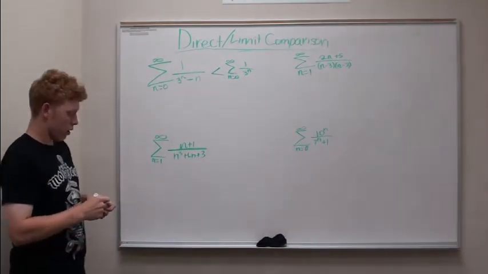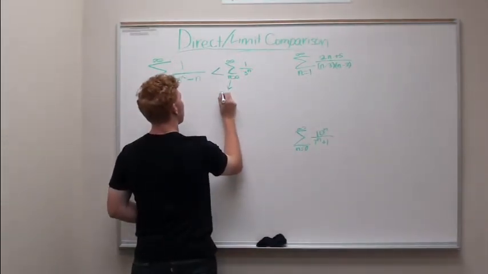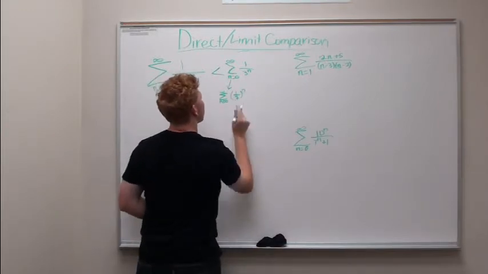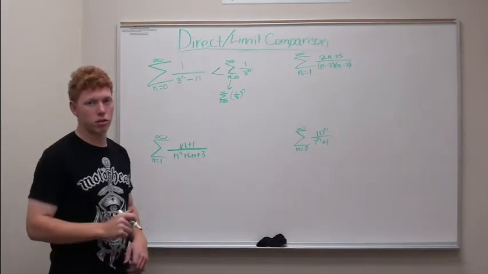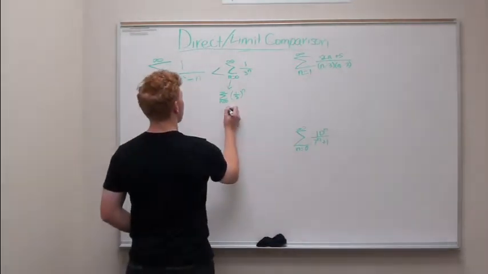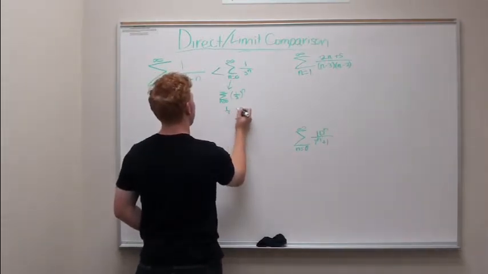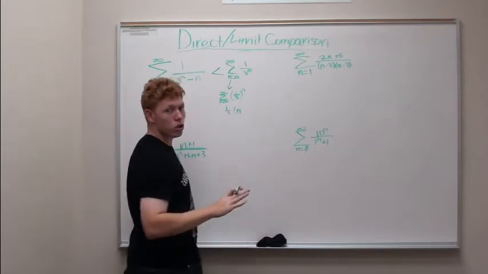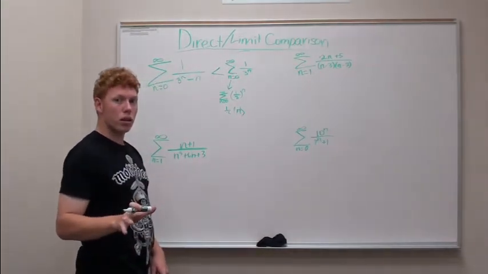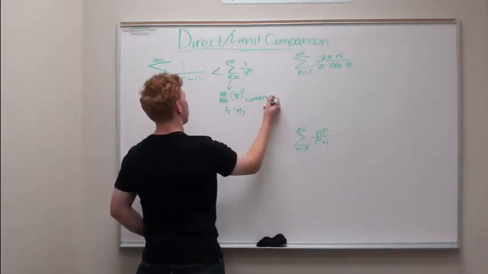Now, that one is the exact same thing as 1 over 3 to the n, since 1 to any power is simply 1. In this case, 1/3, in this geometric series, 1/3 is the number being multiplied by every single n value. And since 1/3 is less than 1, basically this one converges by the geometric series test.